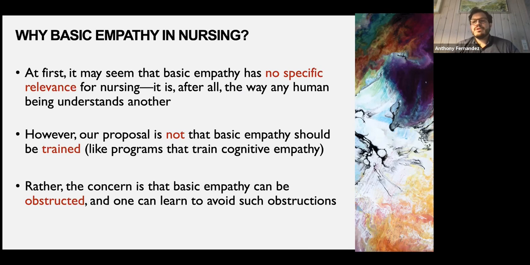You can train someone to be better at something like imaginative perspective taking. But basic empathy can't be trained. So why should nurses be interested in this in the context of, say, nursing education? Well, we think that basic empathy can, in fact, be obstructed, despite the fact that it can't really be trained. And if it can be obstructed, then we should be able to learn techniques to unobstruct or remove some of these barriers to basic empathy.